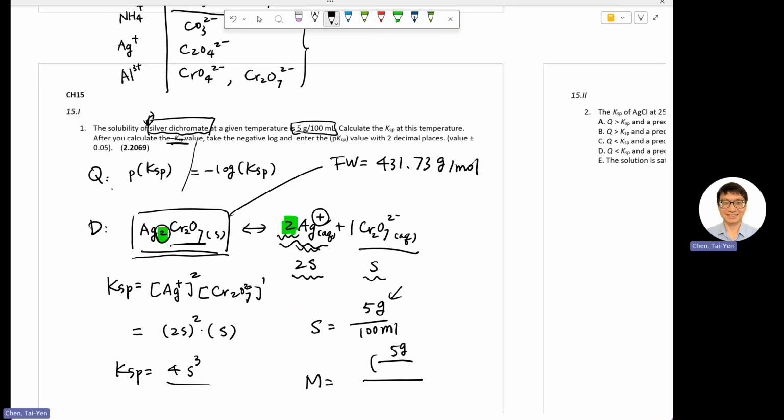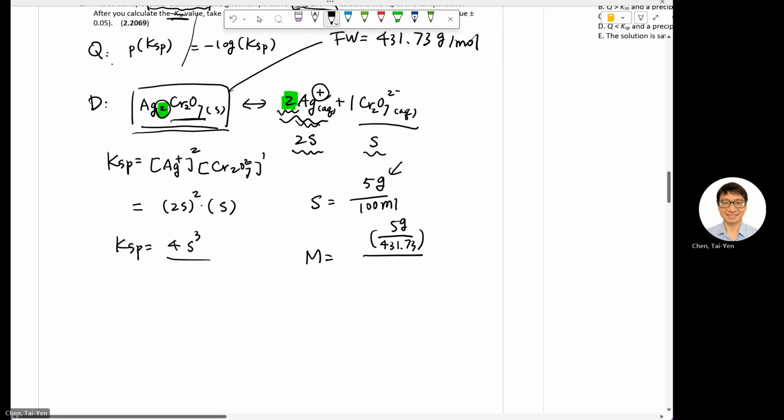So you divide the mass of your solute by your formula weight. Therefore, you get the moles of your insoluble salt. Then you divide by the volume of your solution in liters. Therefore, you can get a number of 0.0062.